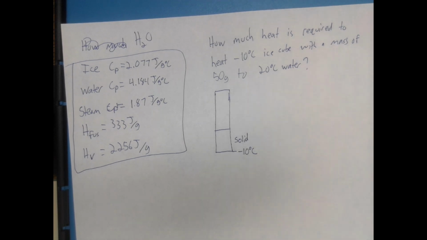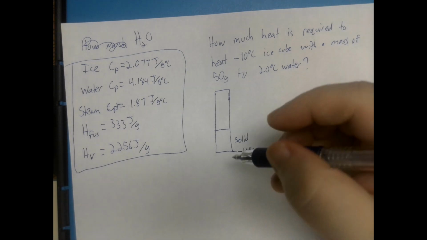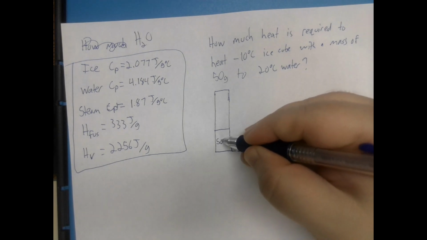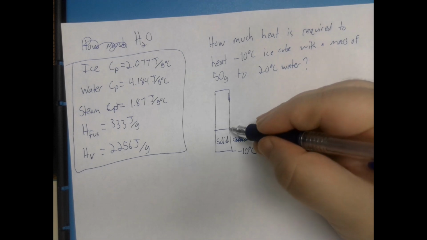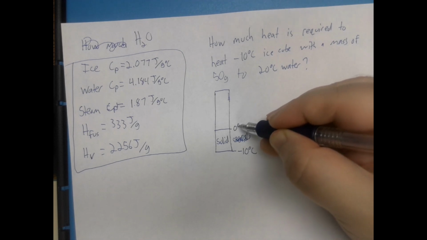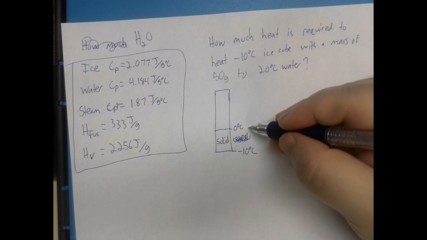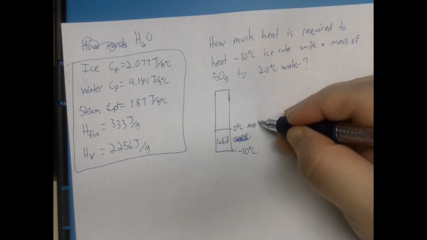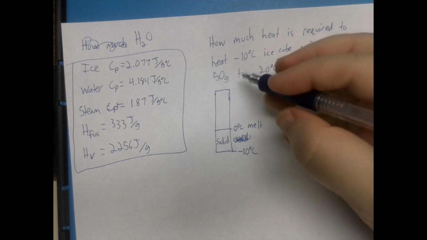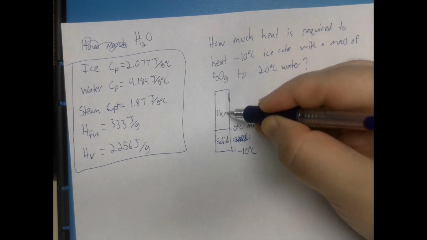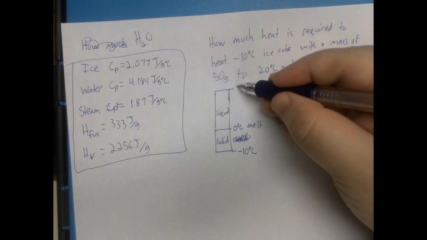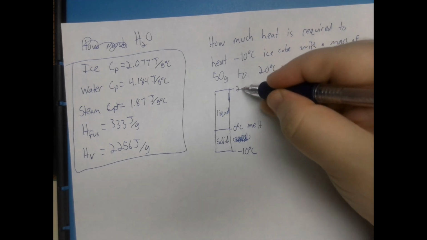So it's a solid during this portion. Solid in here. Here at 0 degrees Celsius, it will melt, and then it'll become a liquid and heat up to 20 degrees Celsius.